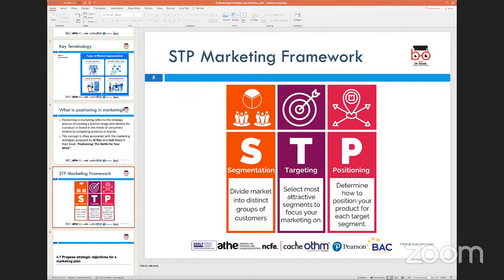And if you can get into and create connections with how the consumer is thinking, that allows companies to successfully sell products or services to a particular target consumer.